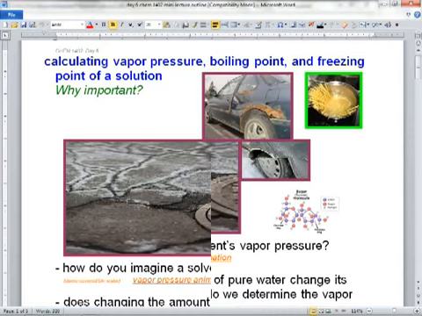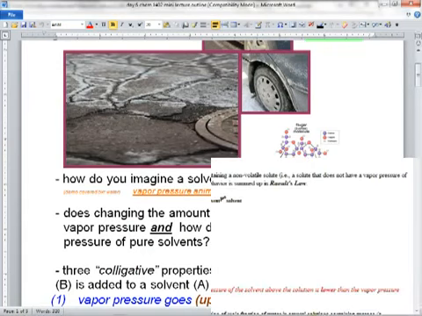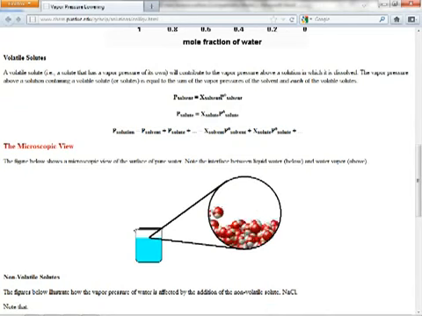Imagining a solvent's vapor pressure. Let me go to this little animation here. You have a beaker of water, and you can see the liquid region and the vapor region. What I would like to have seen is a cover on the beaker, so you can actually reach an equilibrium.